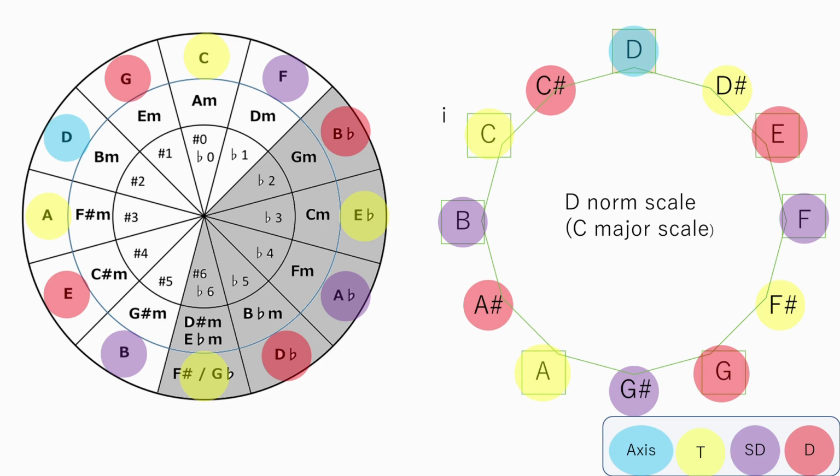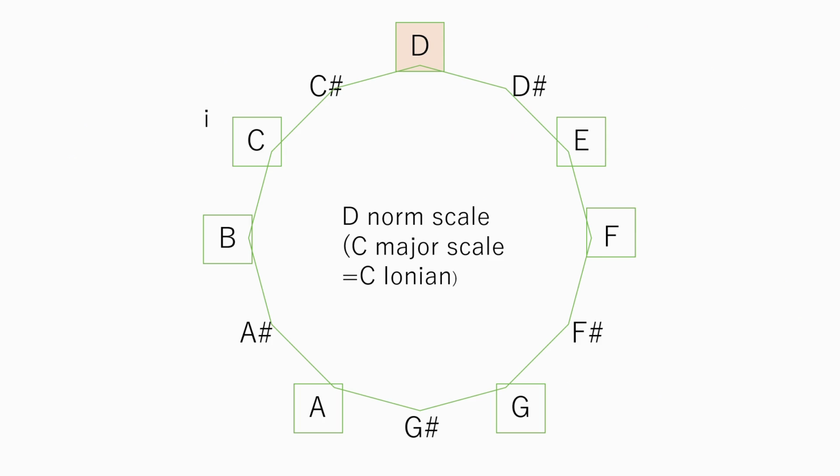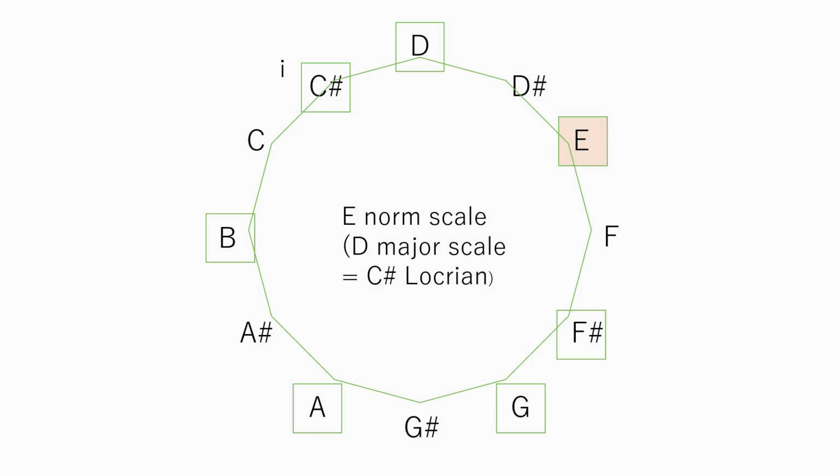Next, let's look at the Gregorian modes, which are based on the second degree note D. The D major scale is the same as C-sharp Locrian.